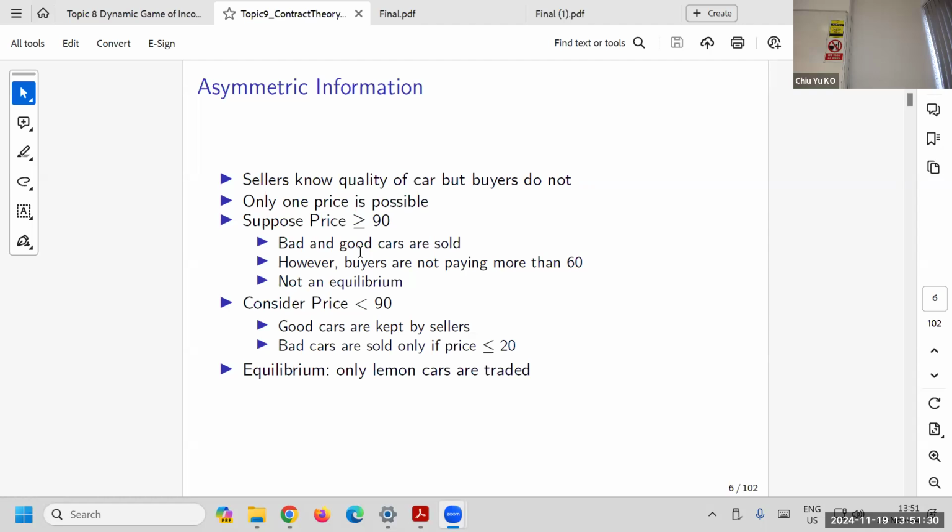Or at least they would have a club or something to forbid them. But it's like a pooling equilibrium, because the bad type can pretend to be good. There's only one price, because using price as a signal, it's not one signal but two types of information. So for sure you will die.